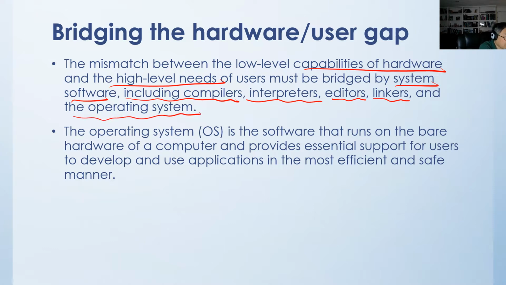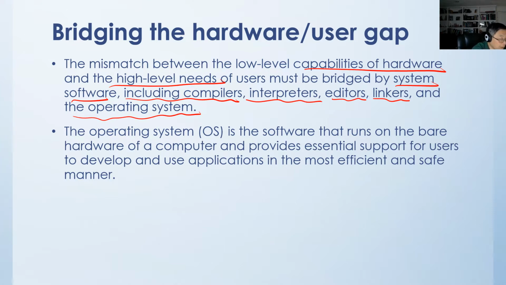Hopefully most users don't need to deal with that one. These compilers, interpreters, editors are only actually operated by computer professionals. They're going to translate the user's operation into the actual operation at the hardware level.